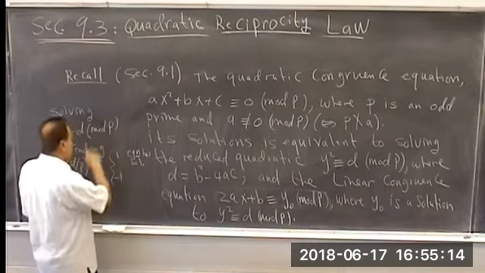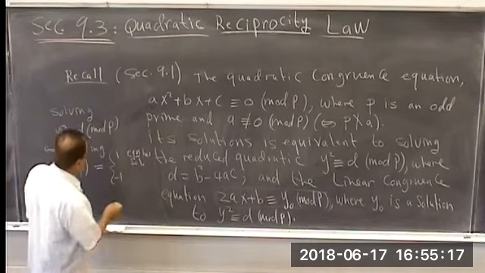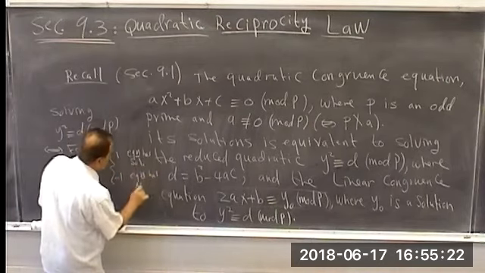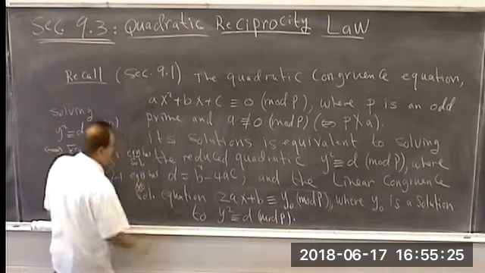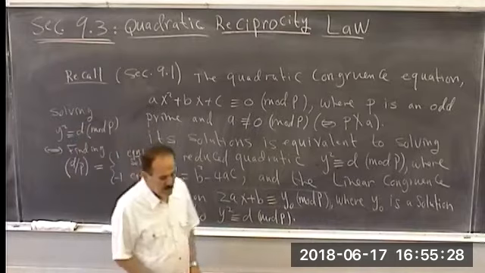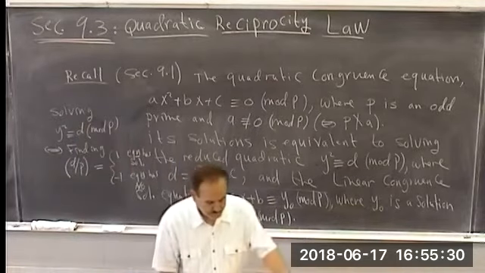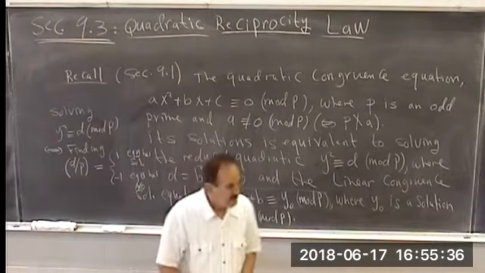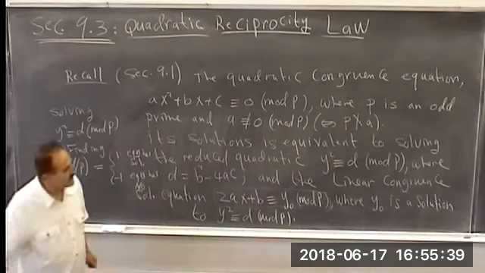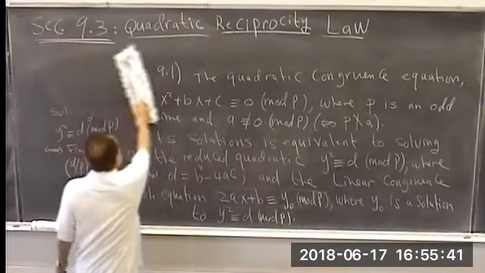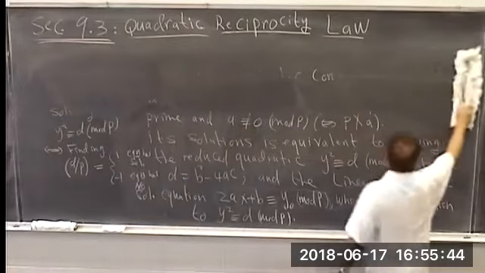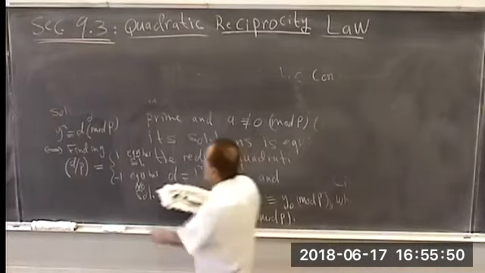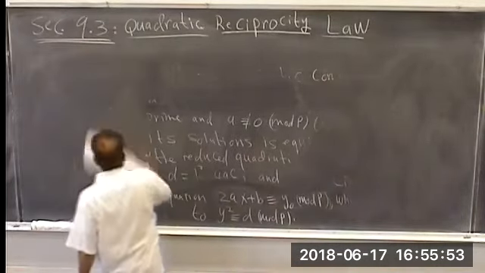If it is minus 1, then d is a quadratic non-residue and the equation has no solution. Now the question is what the quadratic reciprocity is going to do for us. The d in here, as you know, could be a prime or it could be non-prime.